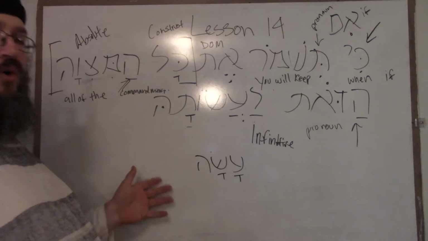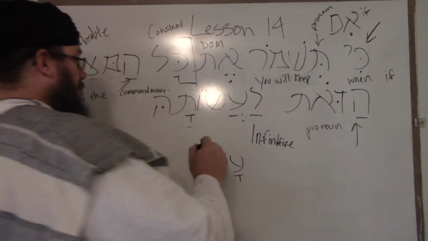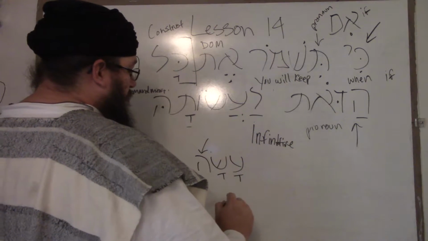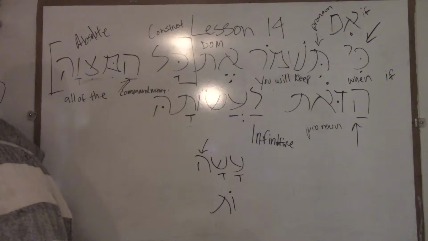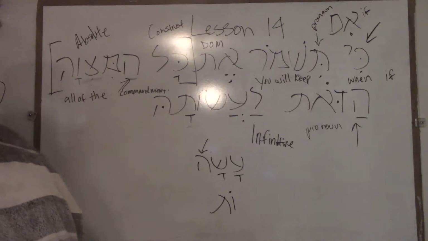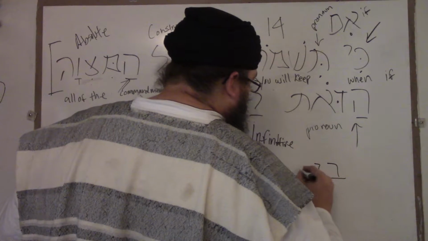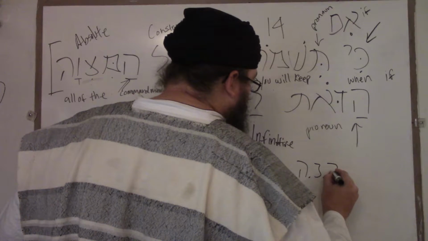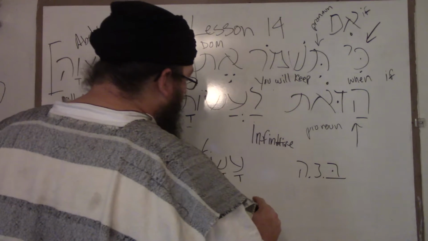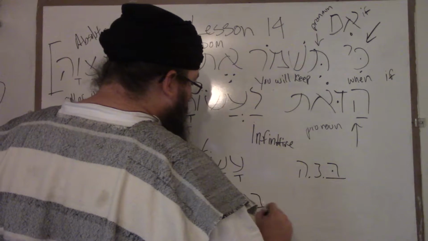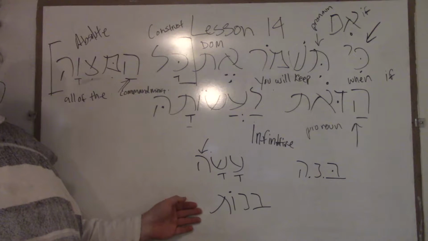If we were to go to the root that deals with the third He, we'll find that these always end in ot when we're dealing with the infinitive form. For example, if I take bet nun he, bana, we're going to see banot. That's how it will come out in the infinitive form.